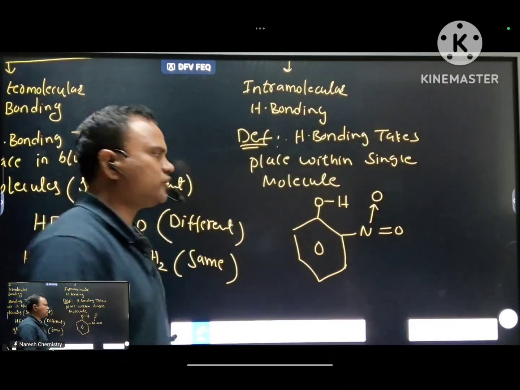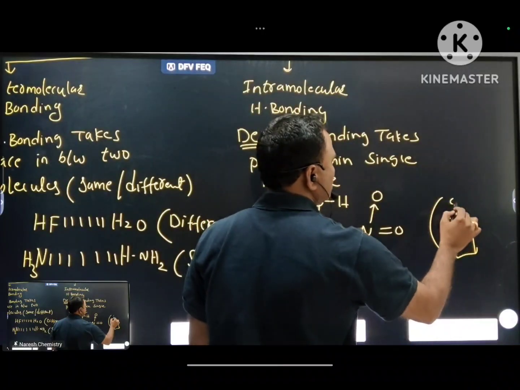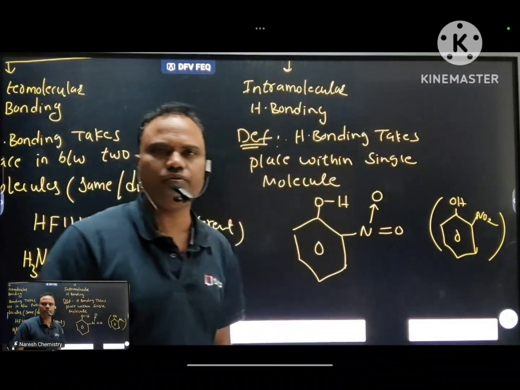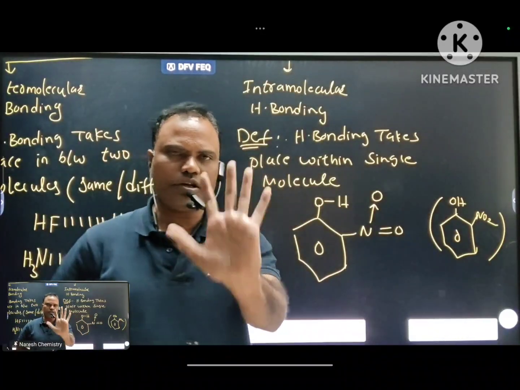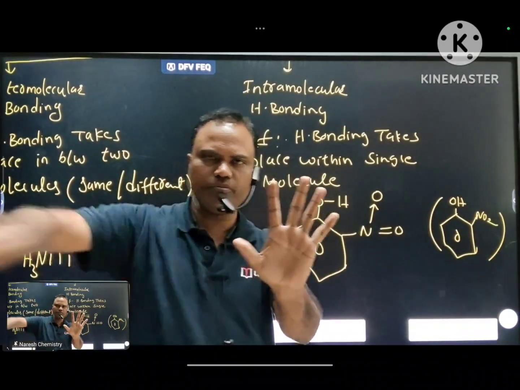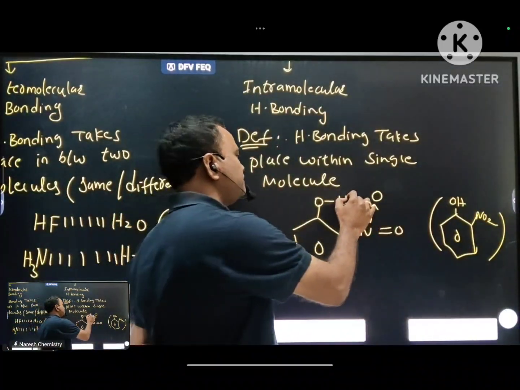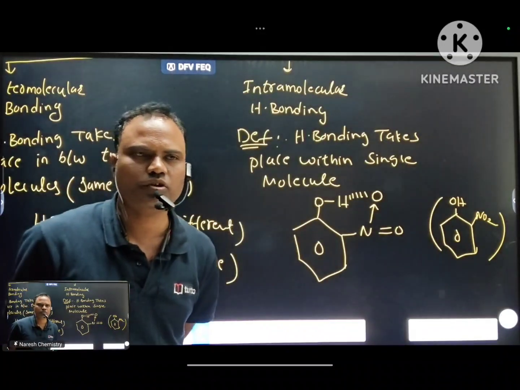What is its name? Orthonitrophenol. This is orthonitrophenol, I just wrote it in the expanded form. This is one molecule only. You are dealing with one molecule, no other second molecule. You removed the second, only one molecule. Within the single molecule, hydrogen bonding is present.